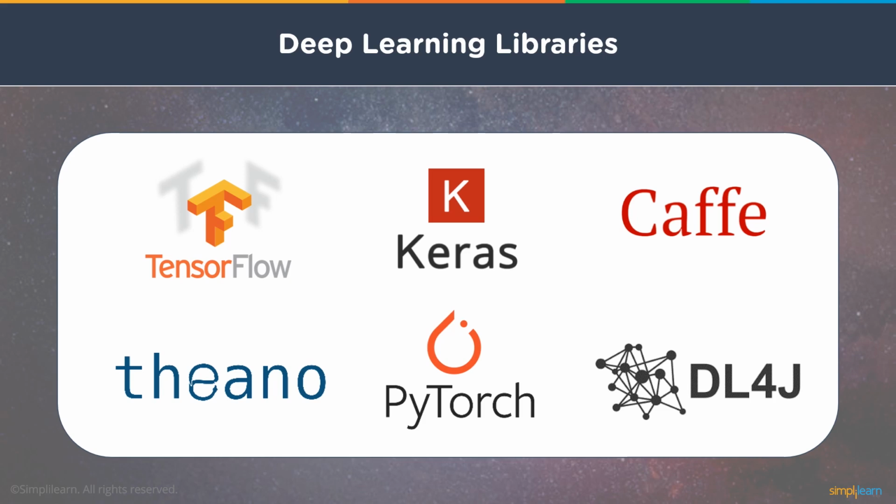Caffe, Theano, PyTorch, DL4J are all different deep learning libraries, and there are many more out there. Scikit has a deep learning library in it under Python. Scala has one that they've been building. So these aren't the only ones. TensorFlow is probably the most robust one at this time, but that's not to say the other ones aren't catching up.